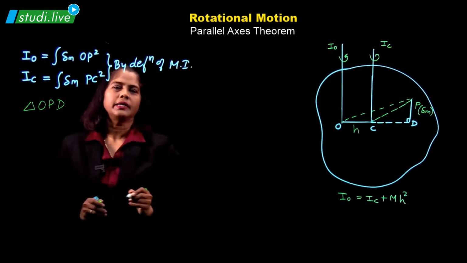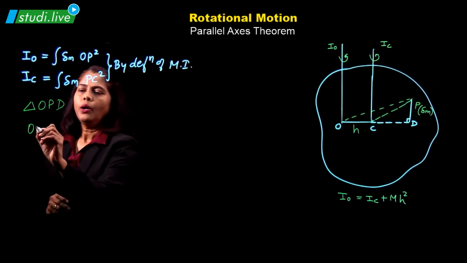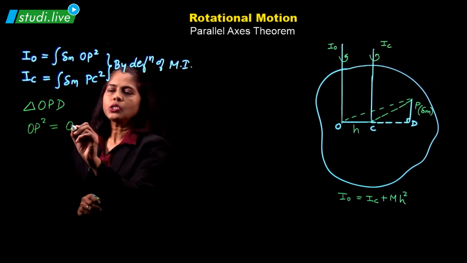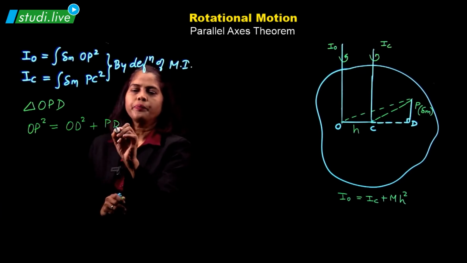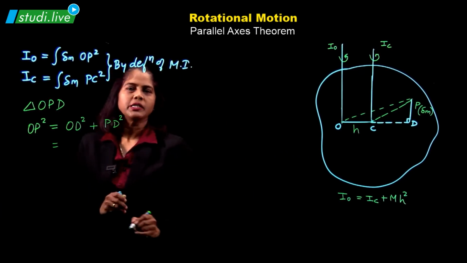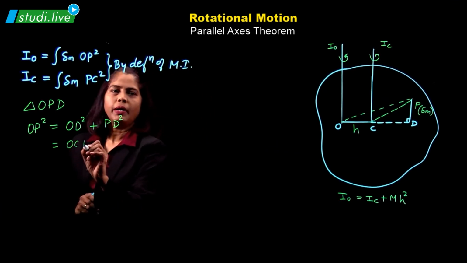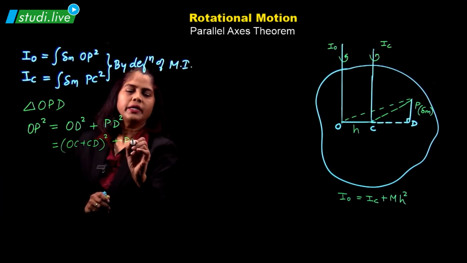OPD. Let us apply Pythagoras theorem. So, that will be OP square is equal to OD square, right? Plus PD square, as you can see from the diagram. Now, here OD square is what? OC plus CD, right? Whole square plus PD square.